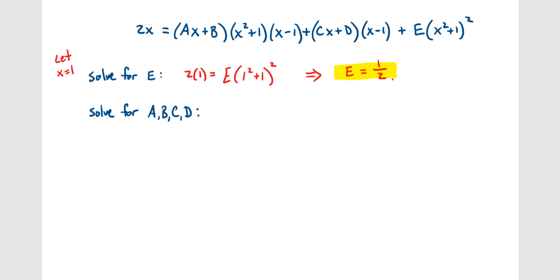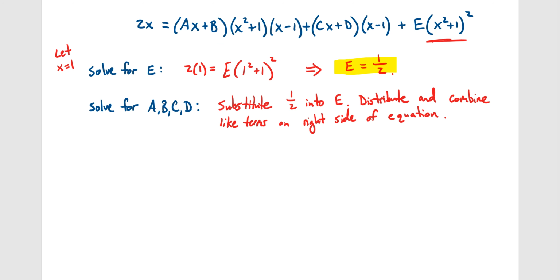So we would have to distribute this, multiply out x squared plus 1 squared, and plug in 1/2 for e while we're at it. Okay, so let's say that we did that. This is going to be skipping a lot of work, but hopefully we're comfortable distributing, even though it might take us a long time because that's messy.